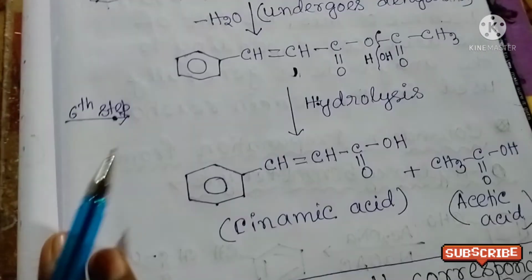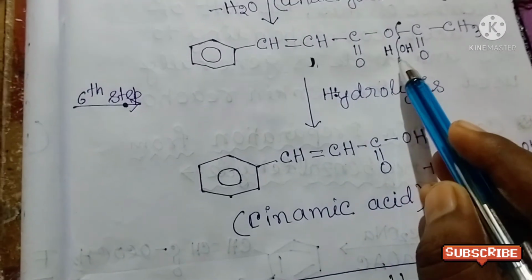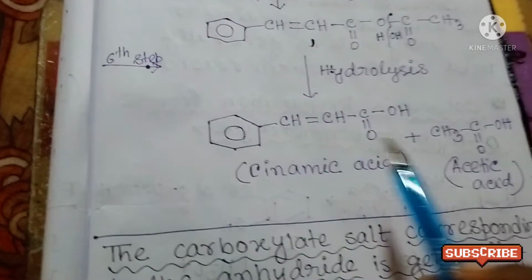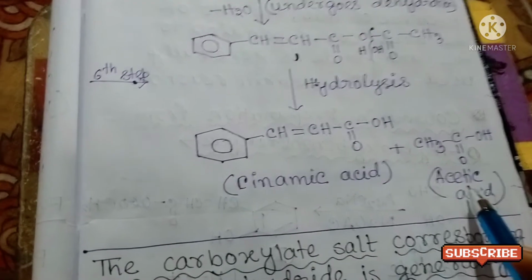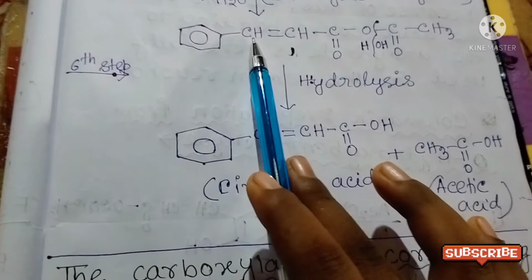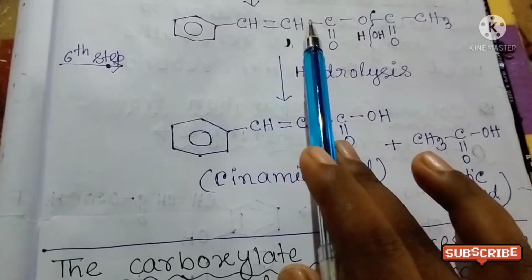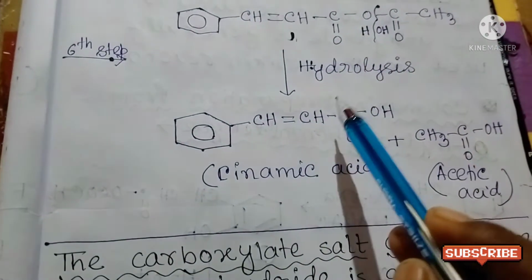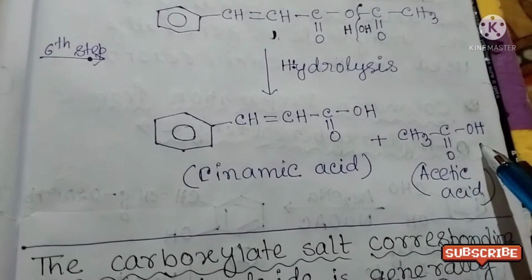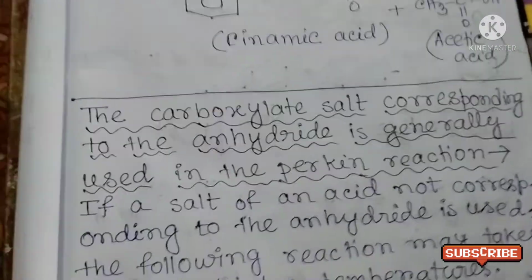And in the sixth step, hydrolysis occurs and this bond breaks, and H here and OH here are added, and we get cinnamic acid and acetic acid as Perkin reaction products: CH, C double bond CH, C double bond O, OH and CH3, C double bond O, OH.